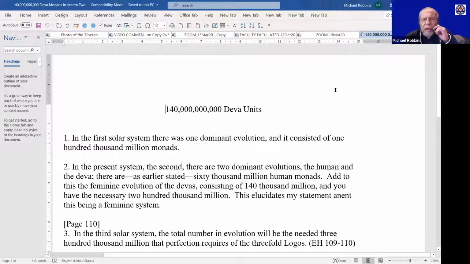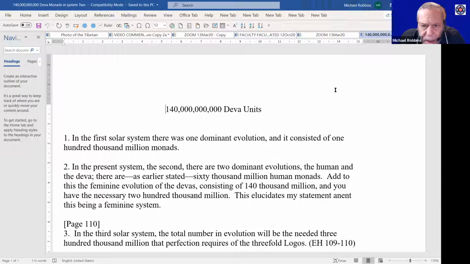Now here I'd like to show you a reference; it looks like it is from Esoteric Healing. In the first solar system, notice that he's not talking about a planetary scheme, apparently. In the first solar system, there was one dominant evolution, and it consisted of 100,000 million monads. I wonder why we didn't find that earlier.